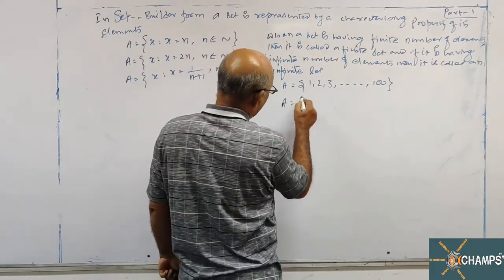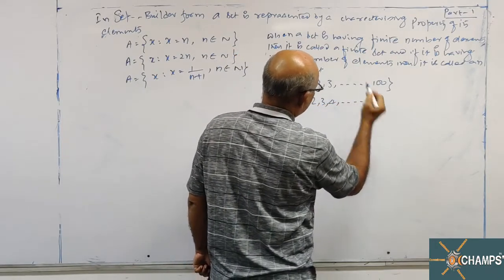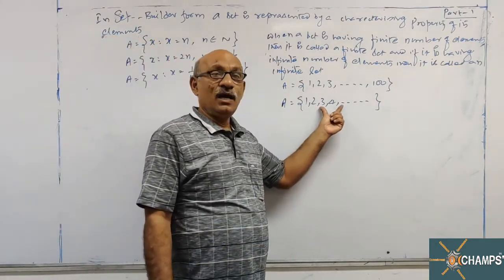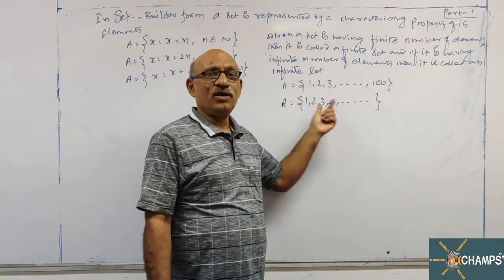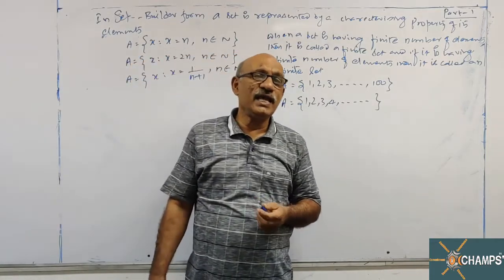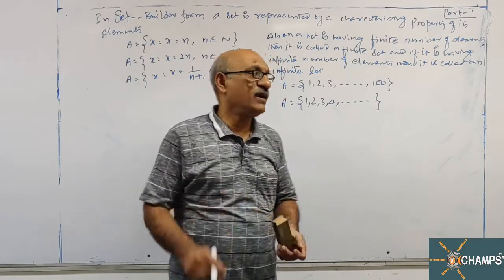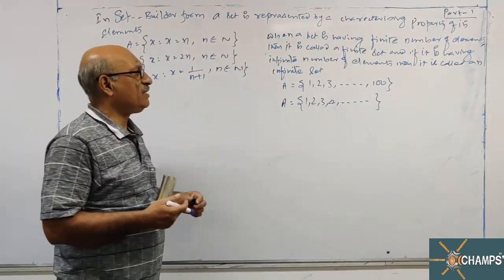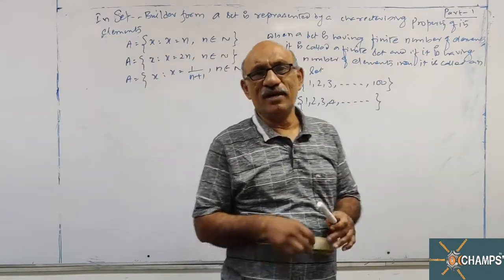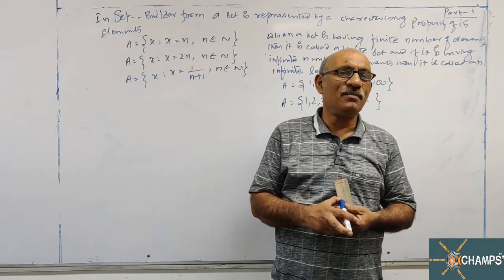Same example you can consider here. It is 1, 2, 3, 4, etc. This way if I represent, then it is called an infinite set, because the counting process is not terminated by any natural number. It goes on counting. Therefore, it is called an infinite set. Again, I am repeating this point. In a roster method, we are representing the elements by listing them, and the listed elements are separated by commas.